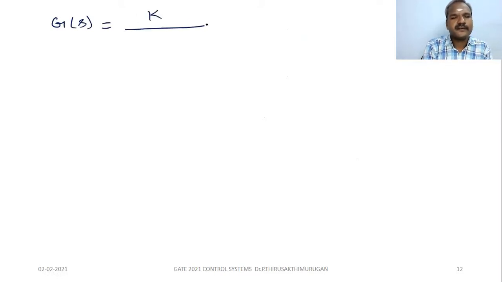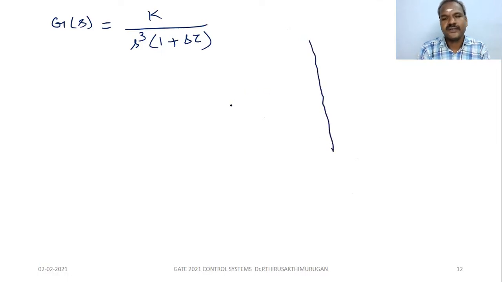So when we go for one more order, say G(s) equal to K by s cube, type 3 system, order 4. So what is the polar plot for this transfer function? My dear, can you tell me?